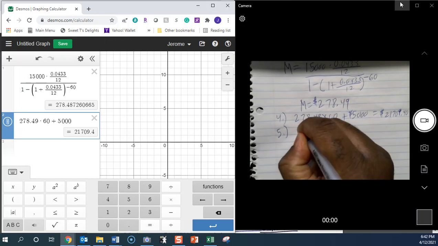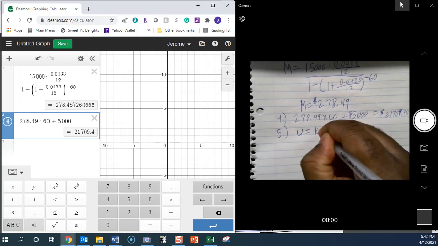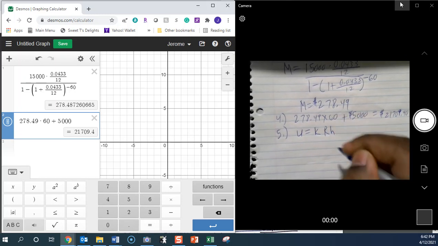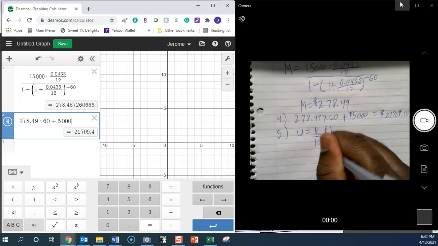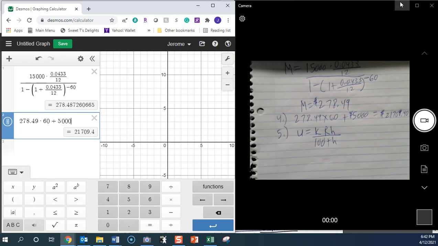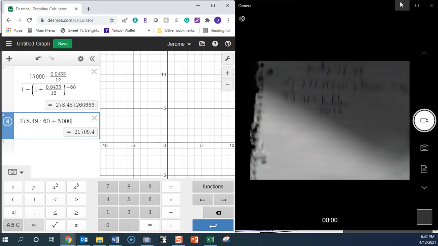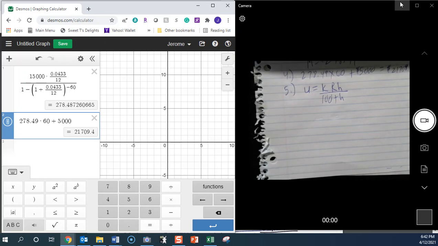So the formula is U is equal to K times R times H divided by 100 plus H. Now, we have to go through and look at what each one of these values are. K is the number of payments remaining.